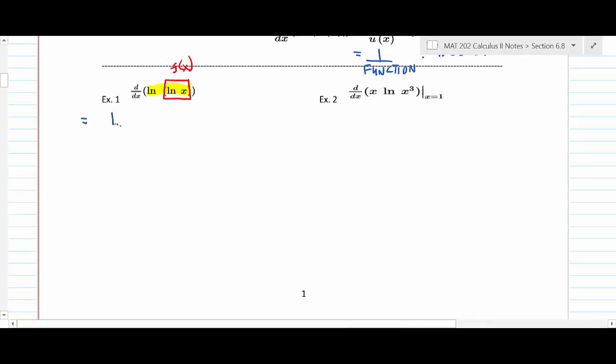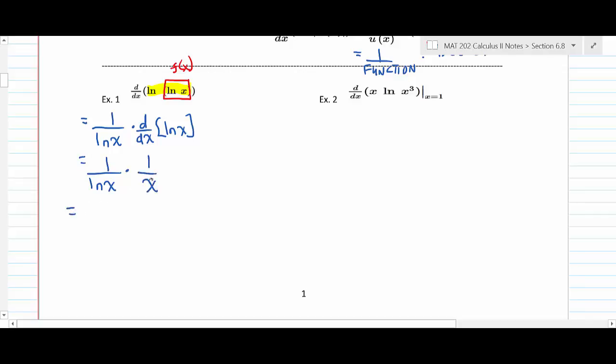The function is ln x, so step 1 is 1 over ln x. Then you multiply by the derivative of that function. So that's 1 over the function, ln of x, times the derivative of the function. What's the derivative of ln of x? 1 over x.